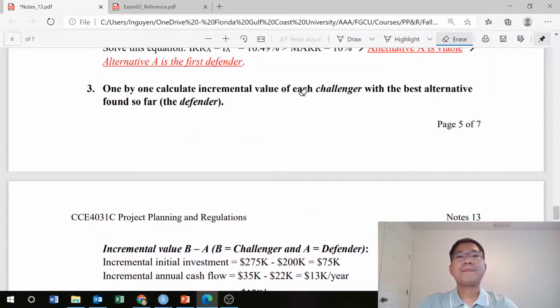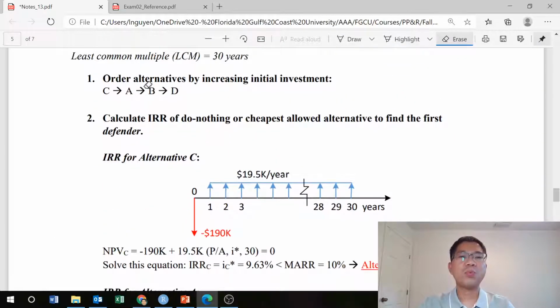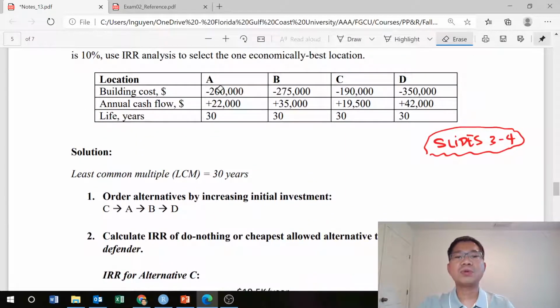And then we have incremental values. And remember step 3 in problem 2, we need to show whether it's justifiable to put in more money. In this case, we rank what? A to B. So whether I put more money to jump from A to B. For A, I only put 200,000, and that is so far the defender.